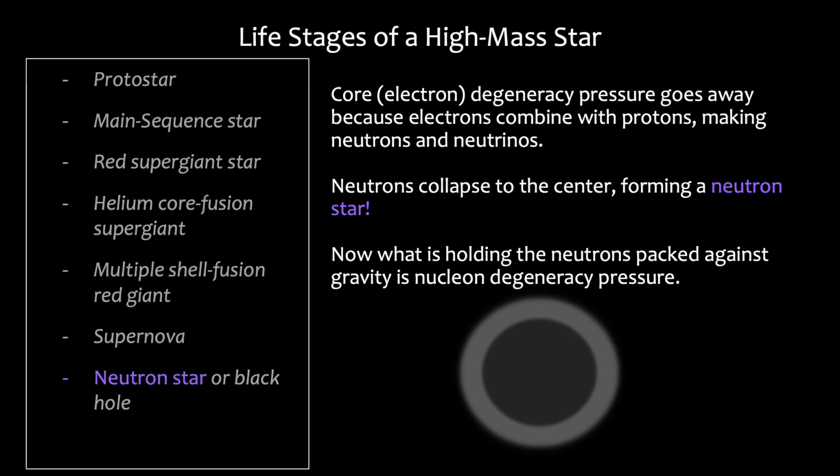Instead of electrons, now we're going to talk about nucleons, specifically neutrons. If a star is massive and the gravity is too strong for electron degeneracy pressure, then matter will collapse down to the nucleon level, compacting matter even tighter, shrinking the distance between nucleons and effectively pressing them against one another.